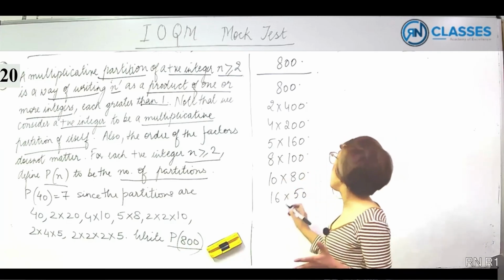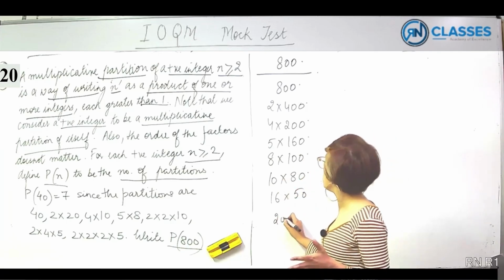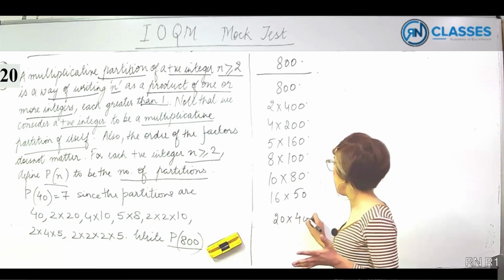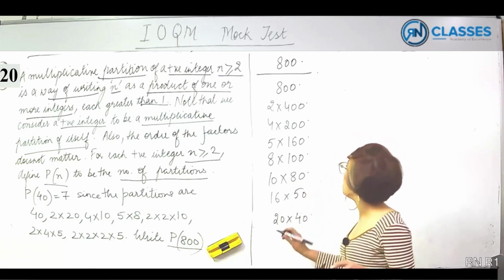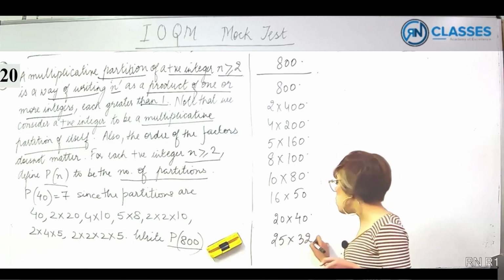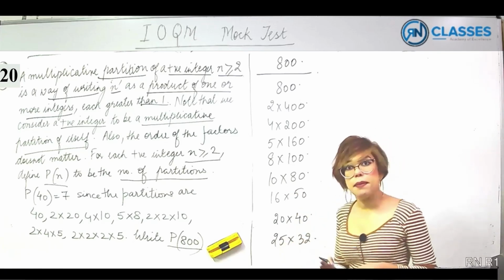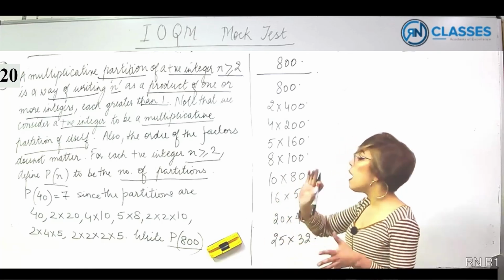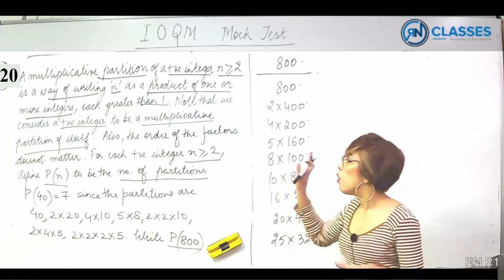Then I can have 20 into 40. Then I can have 25 into 32, and then I will start repeating. Because 32 into 25, again, ordering does not matter, so I've already written it.